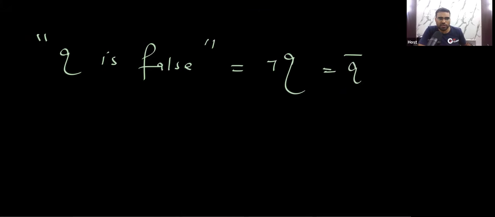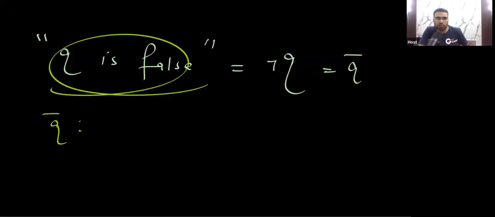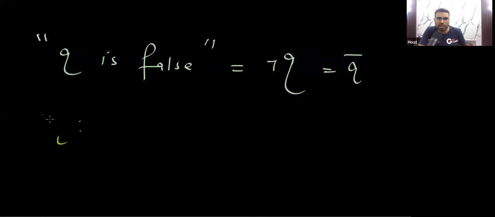In the last lecture, we saw many different interpretations of negation: it is not the case that Q, it is not true that Q, it is false that Q. So Q is false, that is the same as Q bar. This is how we write.